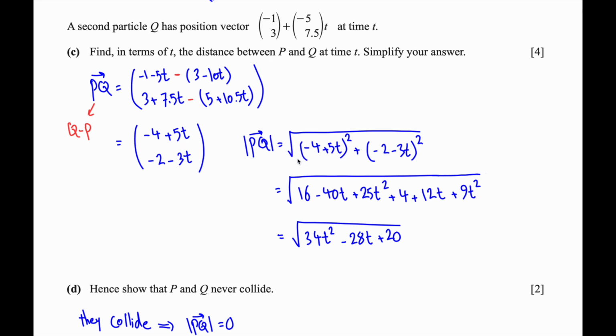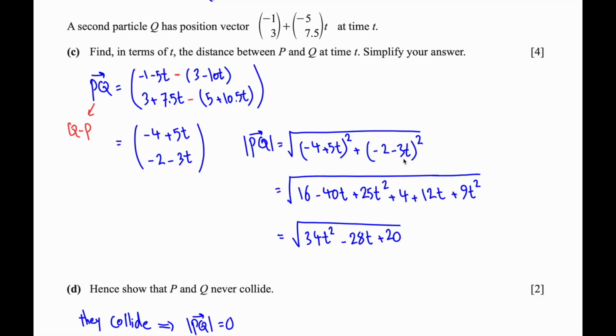Again, I can use Pythagoras theorem, raise the x component to the power of 2 and add it with the square of the y component. You expand the brackets, you get positive 16 minus double of the product of these two, which is -40t, plus this guy raised to the power of 2, which is 25t squared, and then plus same thing here, -2 squared is 4.